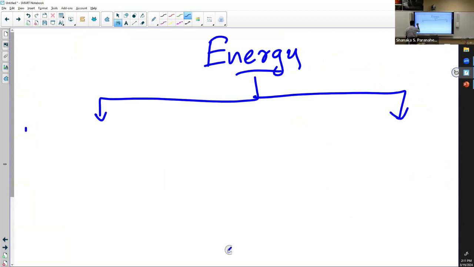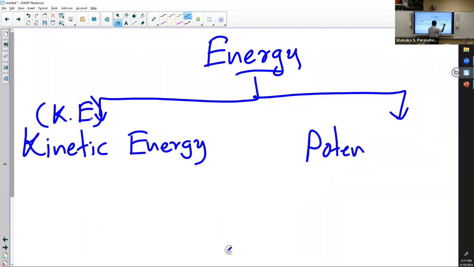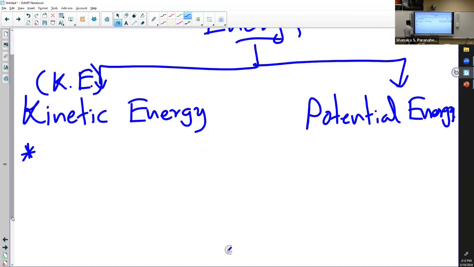The first one is kinetic energy, abbreviated as K or KE. The second one is potential energy. You should be able to identify which are kinetic energy and which are potential energy. This is the definition of kinetic energy: energy of motion.